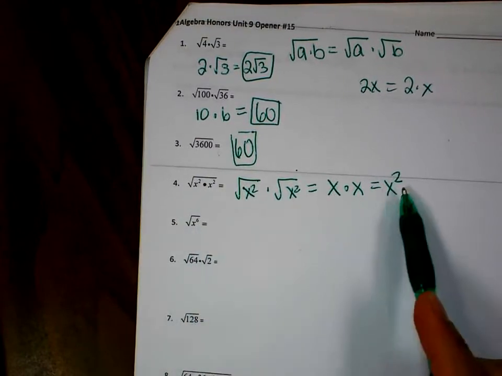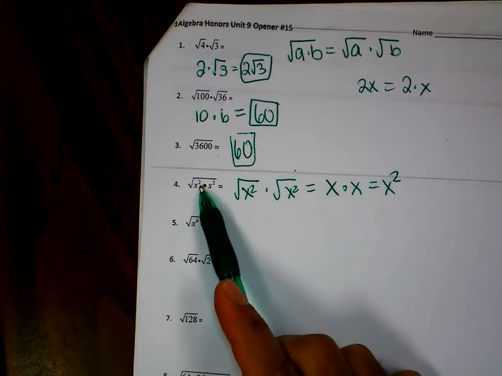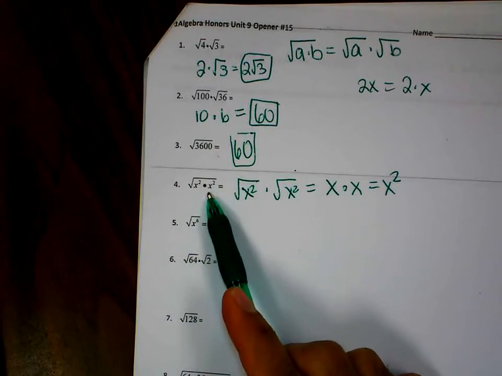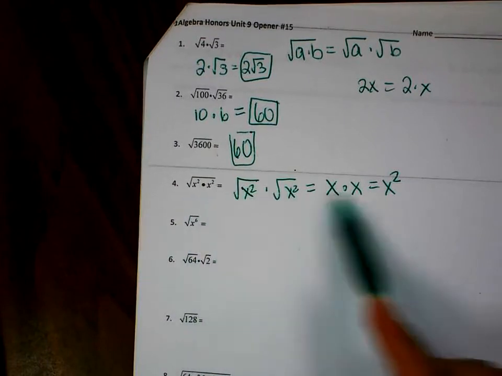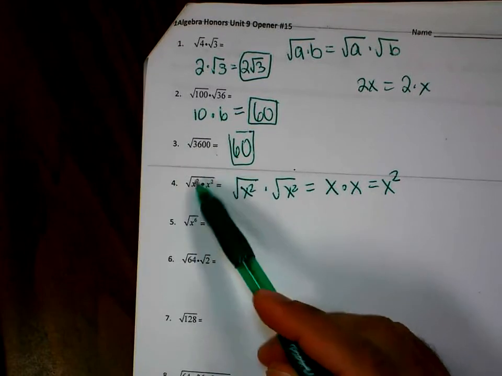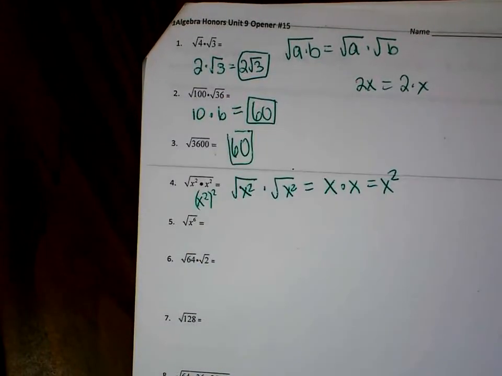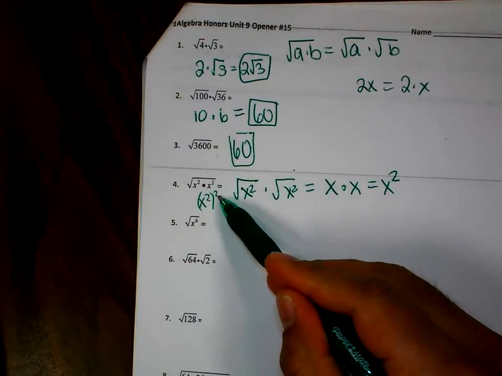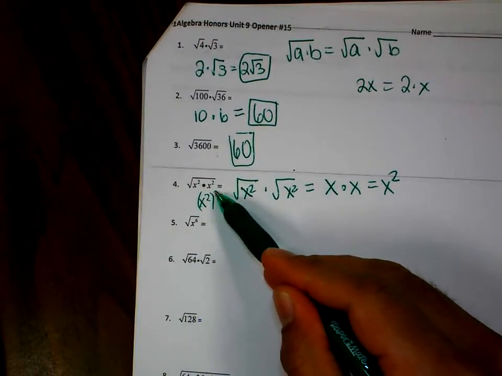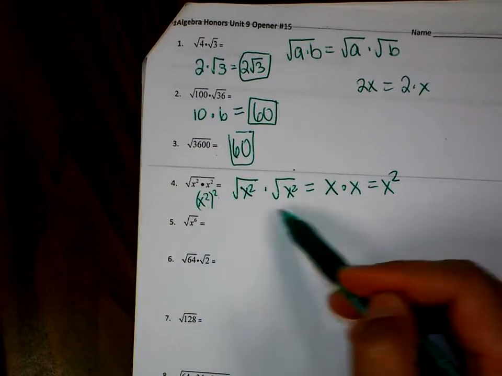More clearly, this is saying, what times itself can I then take the square root of to get x squared? This could also be rewritten as x squared squared. Right? So then the square root and the outside square would cancel. They would invert each other, leaving you x squared.